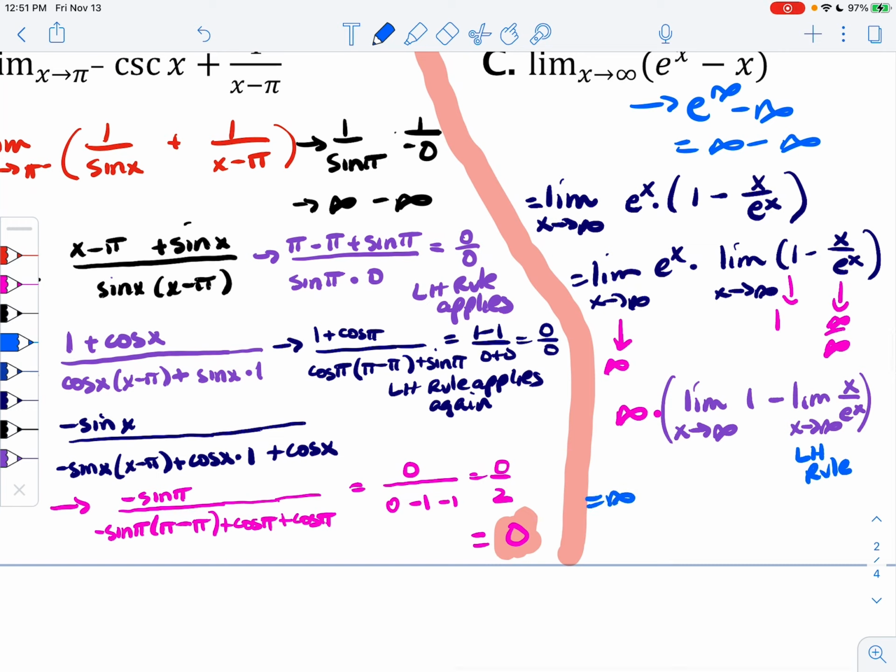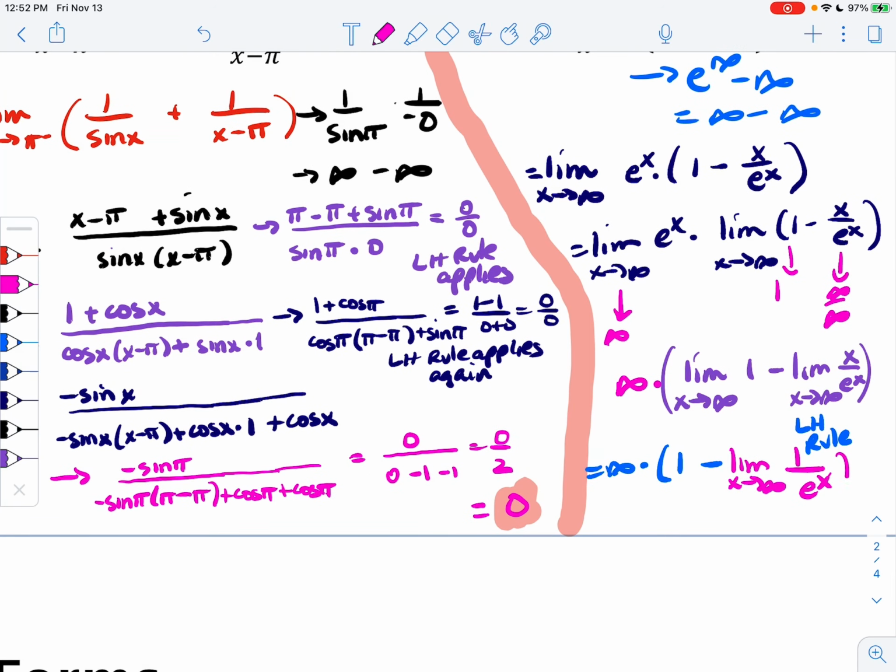So we get infinity times, and the limit of 1 is 1. And doing L'Hopital's rule here, we get the limit as x approaches infinity of the derivative of x is 1. The derivative of e to the x is e to the x. And we're going to take our limit.